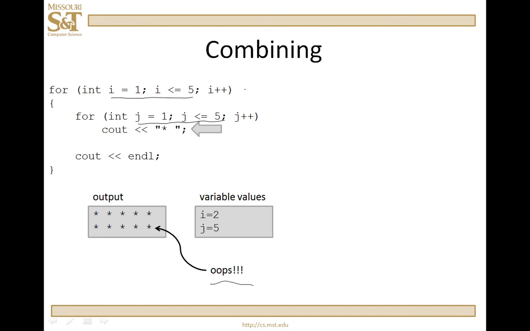We want the number of stars output per line to depend on which line it is. What's the line number? So this expression, depending on how you write it, must be some function of i, the outer loop control variable.